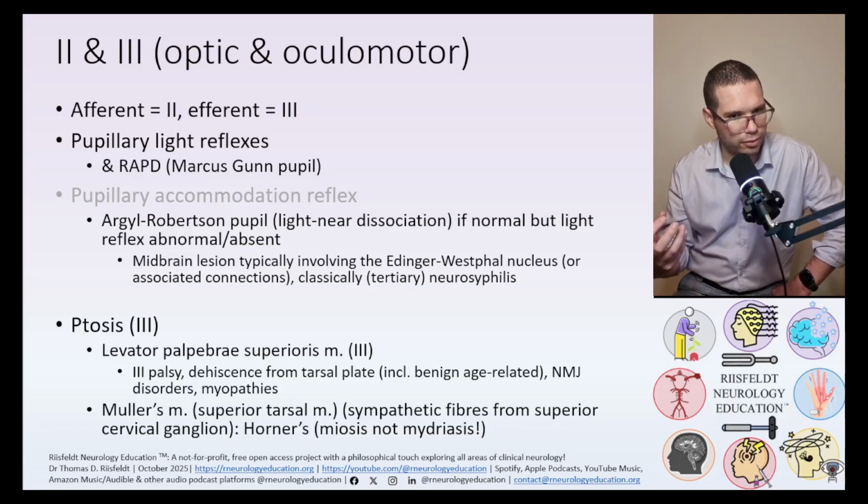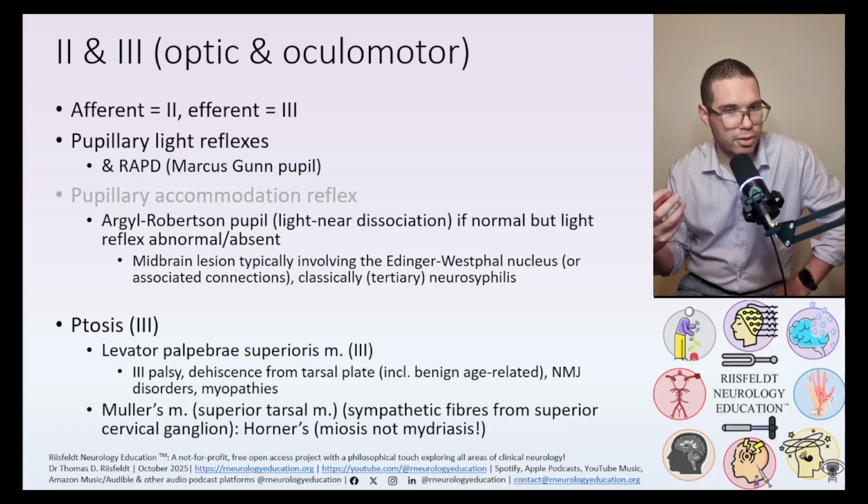Next is ptosis, which is really just an examination of the third nerve, and specifically the levator palpebrae superioris muscle.